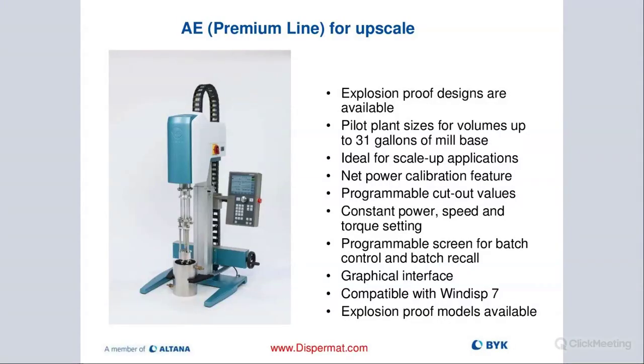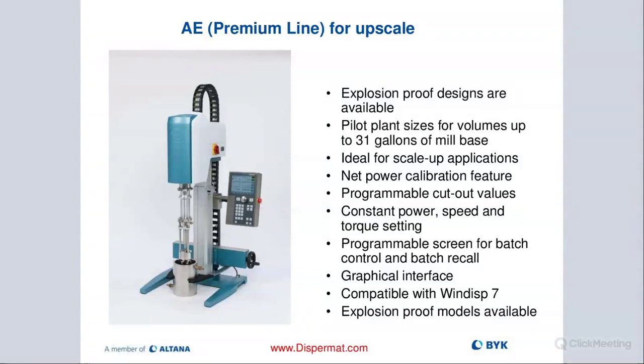like speed, energy, torque, time, temperature will all be displayed in a graphical interface on the screen in the form of a trend line. Let's say you step away for a few minutes or half an hour because you have a phone call, and you come back. Then you can just take a quick peek at the diagram and see immediately: was my dispersion process linear? Did everything look okay? Were there any spikes while I was gone?